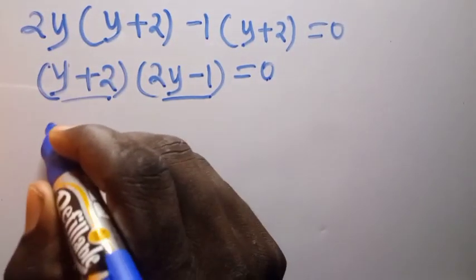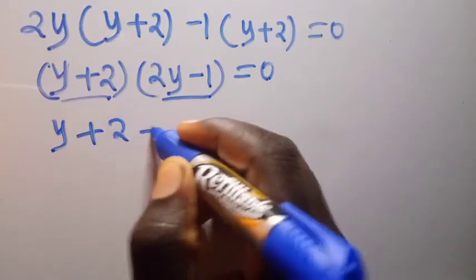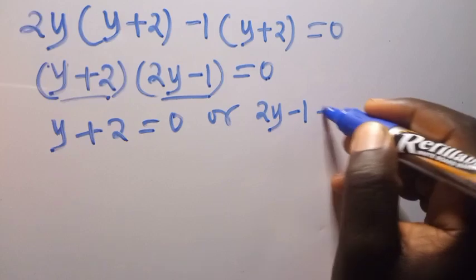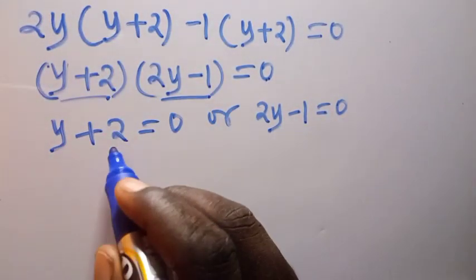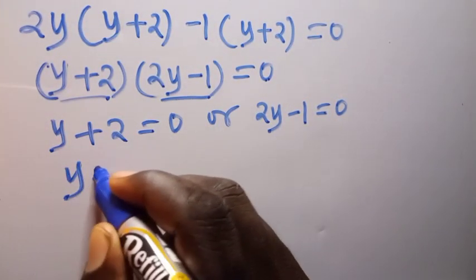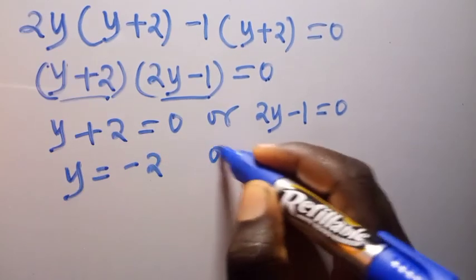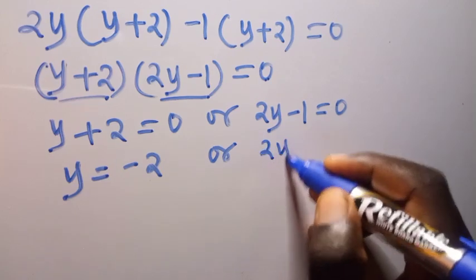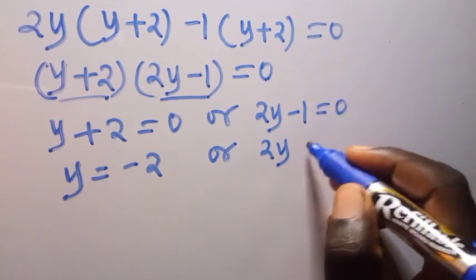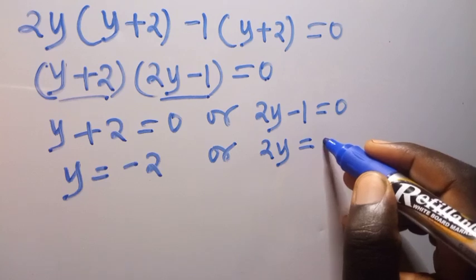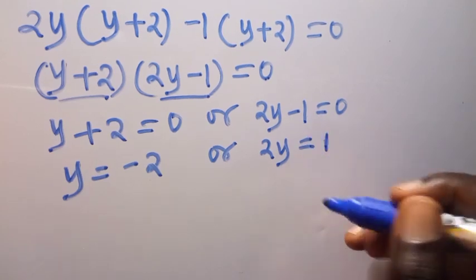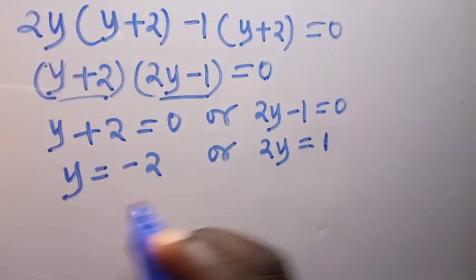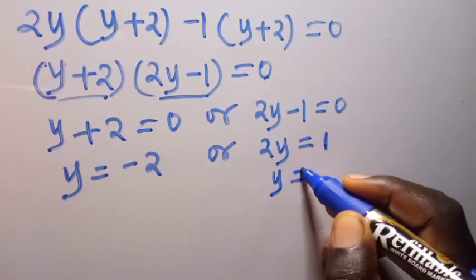Therefore, y plus 2 equals to 0, or 2y minus 1 equals to 0. So we shall have y as negative 2, or, since the negative 1 crosses the equal sign and becomes positive, 2y equals 1, so y is a half.